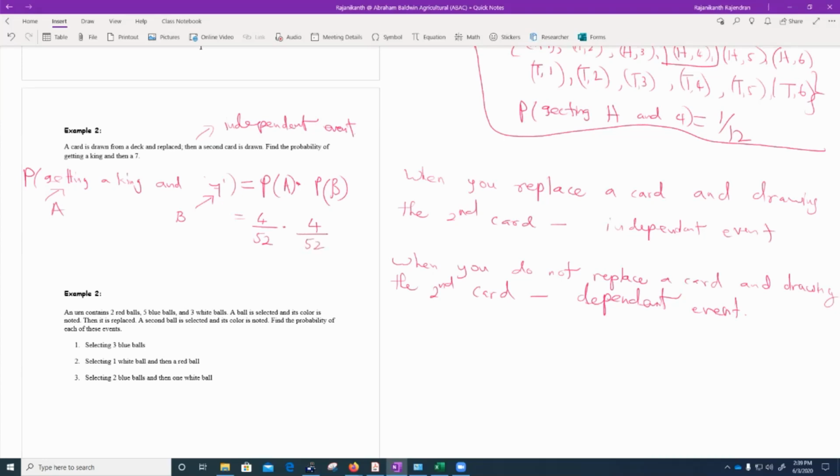Now the number of outcomes in your sample space for both events is going to be 52, because you are replacing the card. The number of cards will be the same for both experiments, right? So now simplify these. This should be 1 over 13 times 1 over 13.